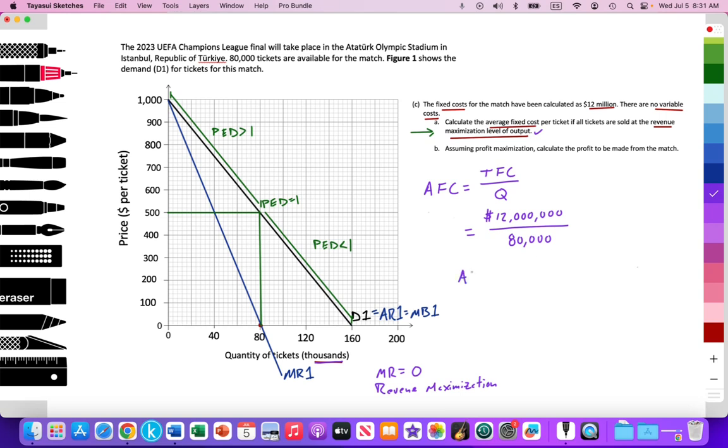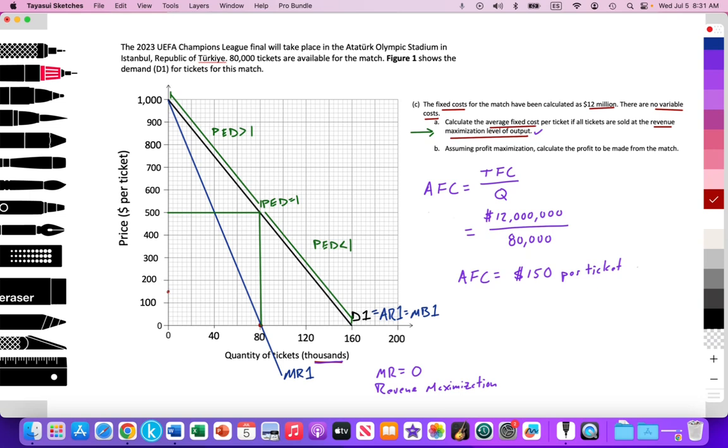So the average fixed costs is equal to $150 per ticket. On average, $150 per ticket is the fixed cost of each of those tickets, which is what you have calculated. This is going to help you with the next part of this question. You can plot 150 approximately right about here.